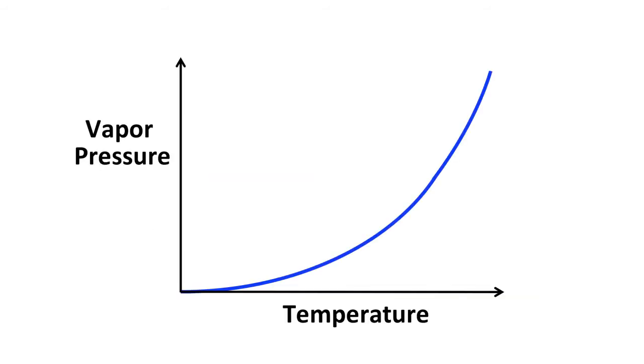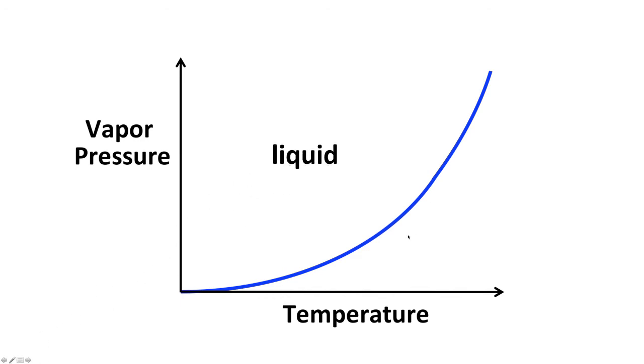In fact, if we make measurements of the vapor pressure at a variety of temperatures for a given substance, we get a curve of vapor pressure versus temperature that looks like this. In a later screencast, we'll look at this in more detail mathematically. For now, just the general shape of the curve is sufficient.